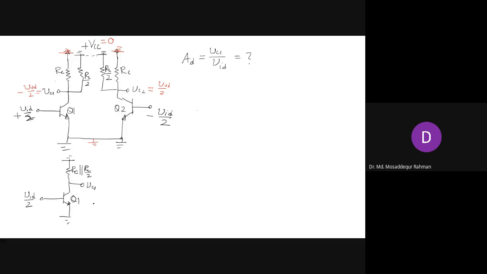So that will be our differential half circuit. Any questions, guys?